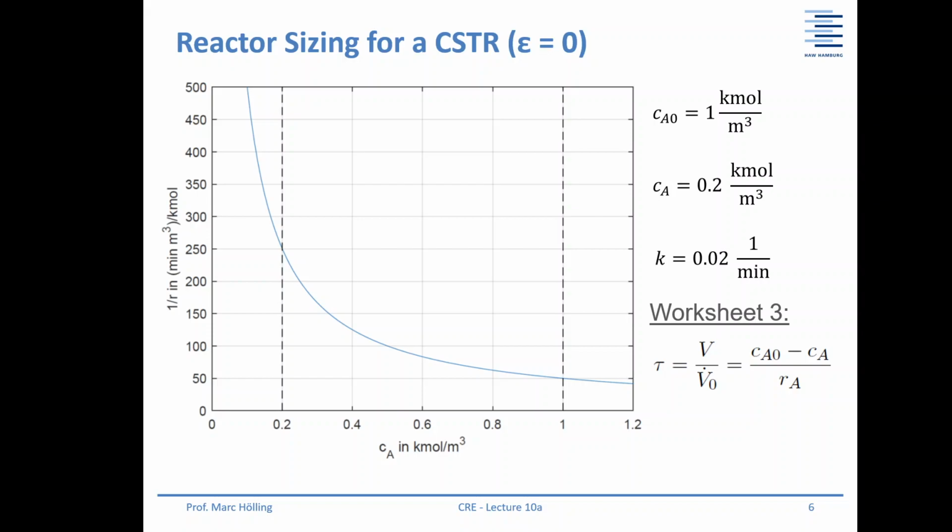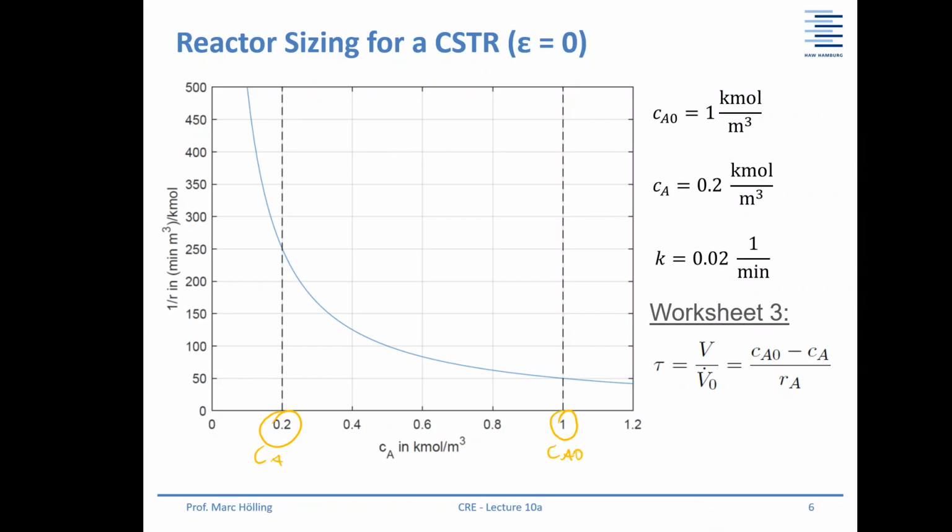Here for this example, if you want to replot this on your own, I used a rate constant of 0.02. The starting concentration was 1 kilomole per cubic meter, so this is the value here, and Ca is the value here. So this is Ca, this is Ca0.